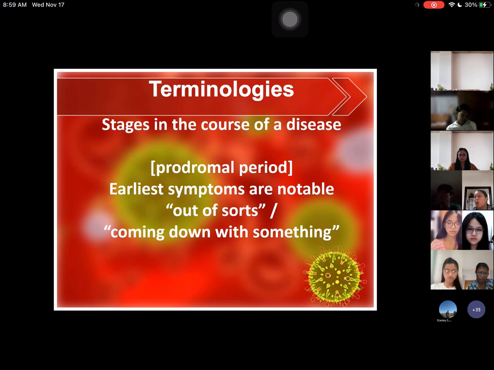Parang it's not the normal that you felt, na parang may sakit yata ako. Parang you don't know, you cannot actually point out what it is. Okay? So that is the prodromal period. This is now the beginning of parang hindi ka na mapalagay, na parang medyo matamlay ka na. So that is the prodromal period.